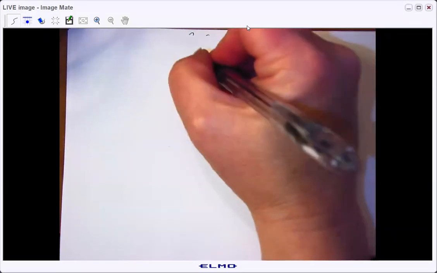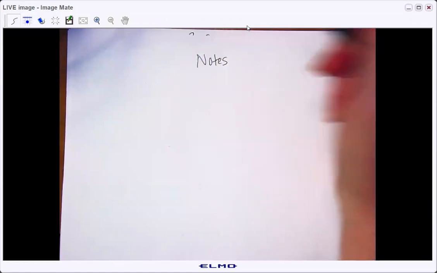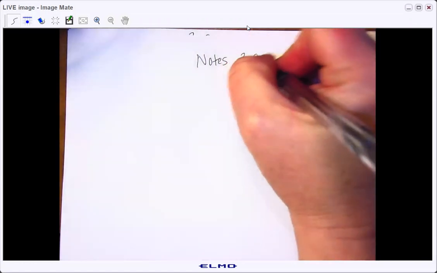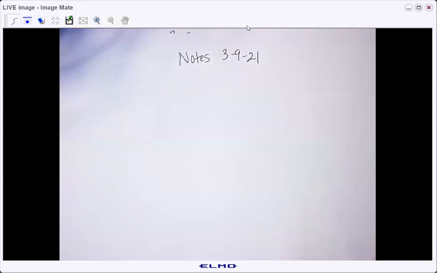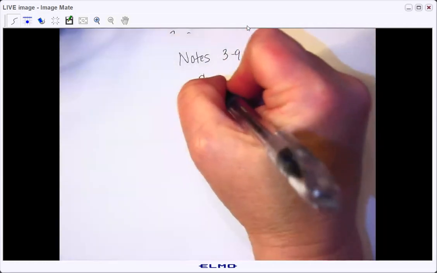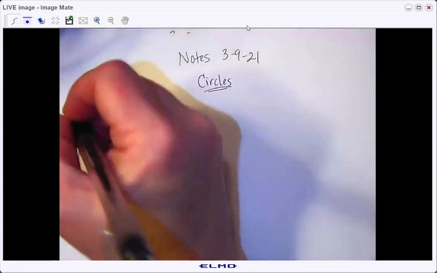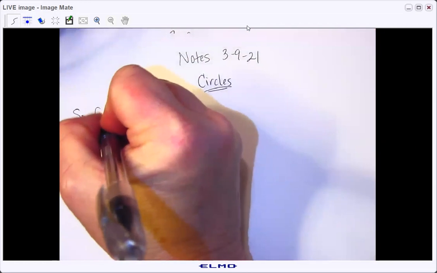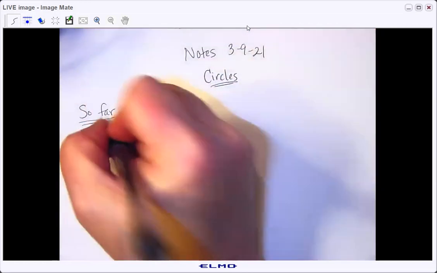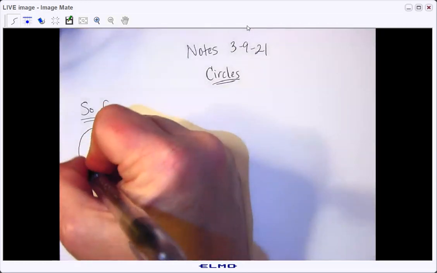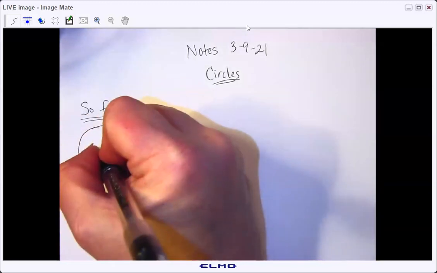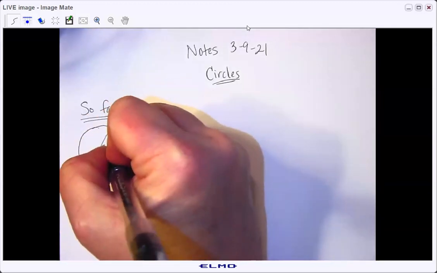Okay, so notes. Still doing circles. So to recap, we've had a circle whose angle starts at the center.